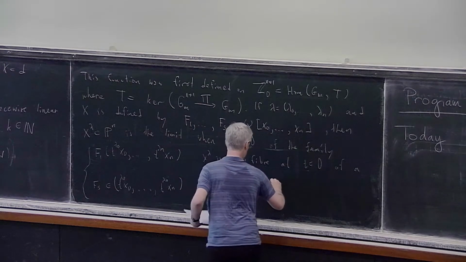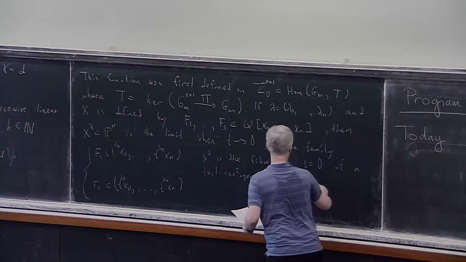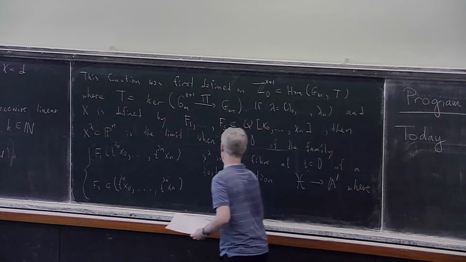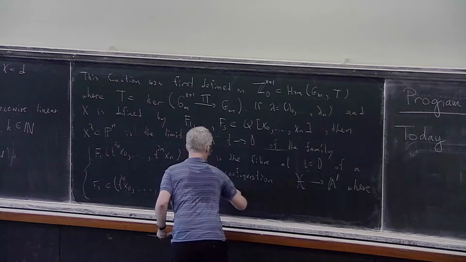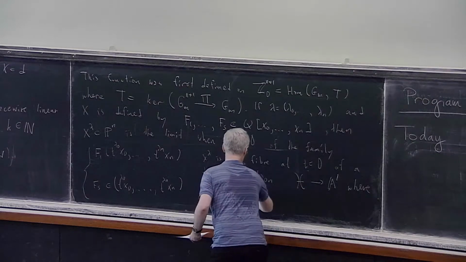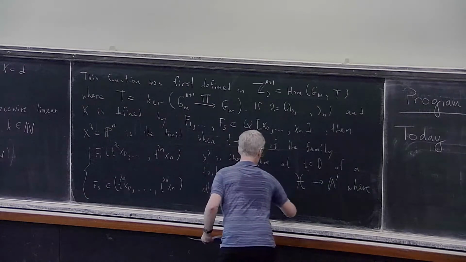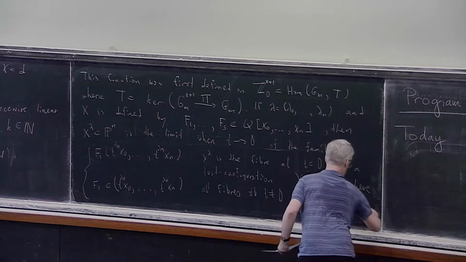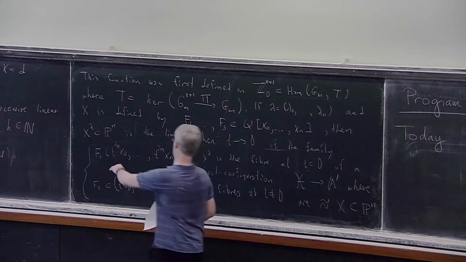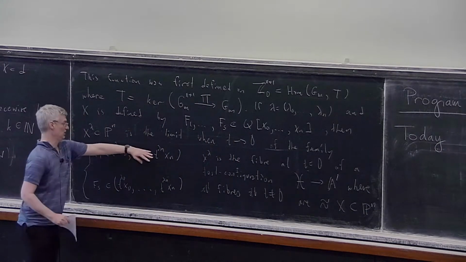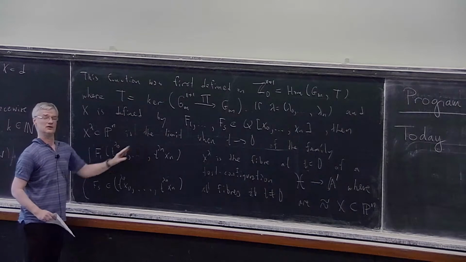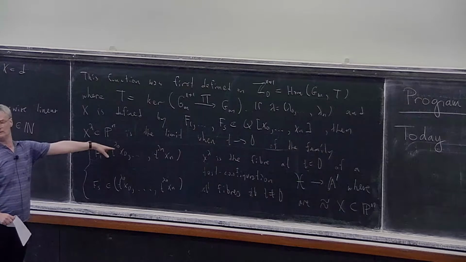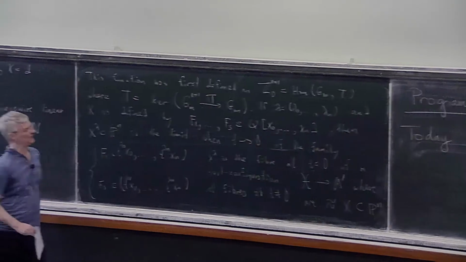So I have a full family over A1, where all fibers at t different from 0 are isomorphic to X in Pn, because you have explicit information given by all this. This is just a linear coordinate change, and they will all be isomorphic to x, except when t goes to infinity, then you get a degeneration.